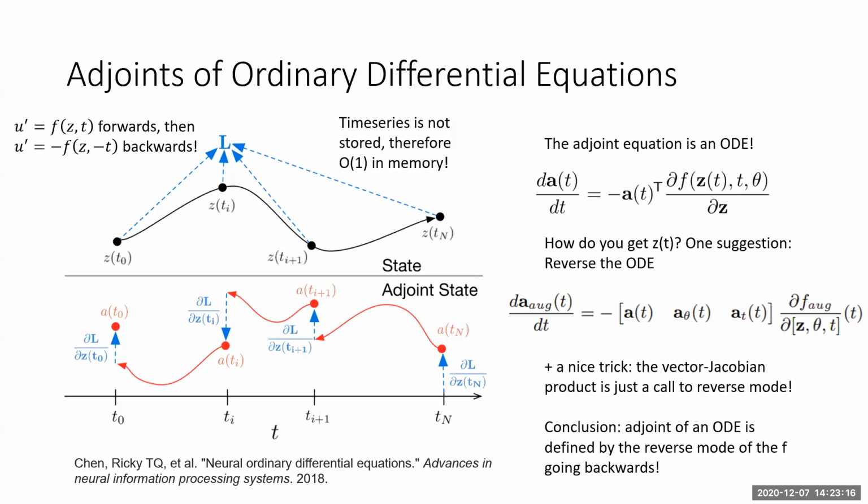The adjoints of the neural ordinary differential equation are described this way in the 2018 paper by Chen, Rubanova, and Duvenaud. Essentially, what they say is that you can do an adjoint of an ordinary differential equation by solving the differential equation forward, and then you solve this augmented equation in reverse, reversing the ODE so that you can get the values z(t) at the times that you need.